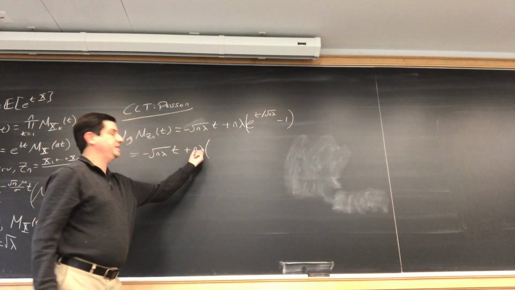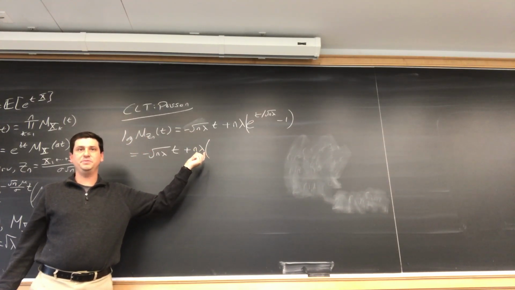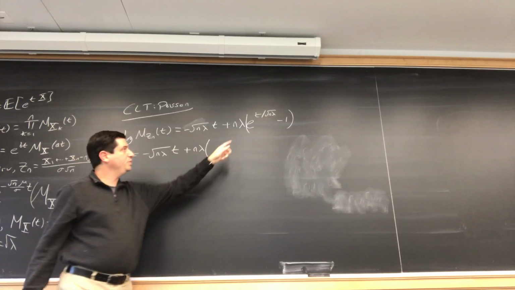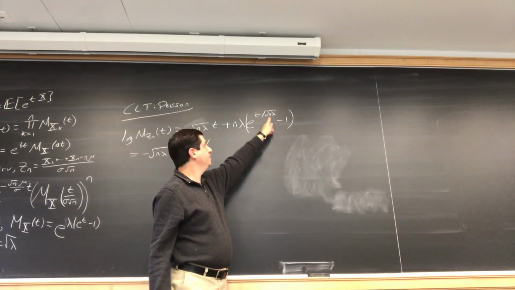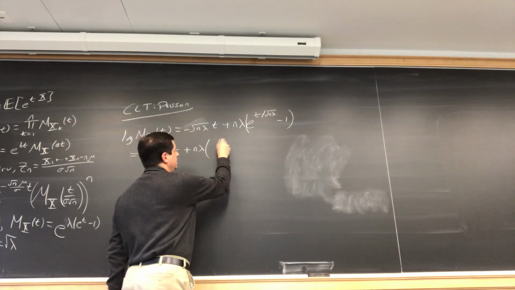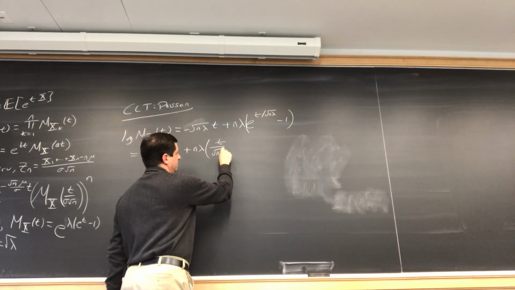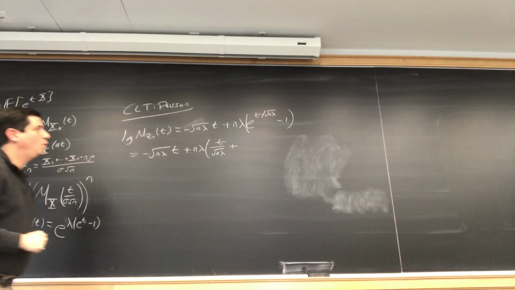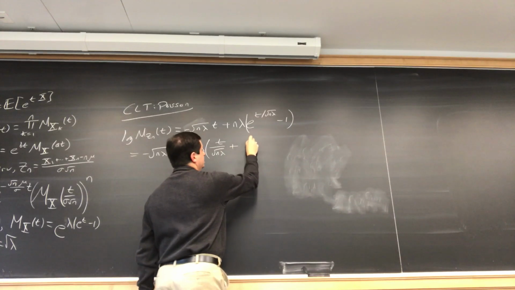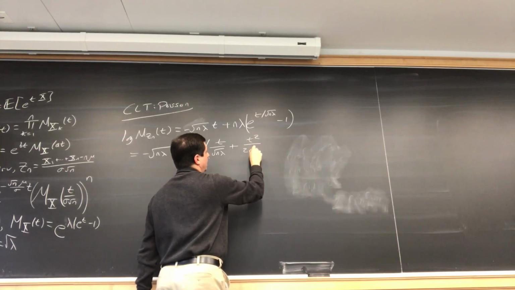And the n lambda should scare you because as n gets very, very large, n lambda is blowing up. But when we expand this out, the first term, the 1 is going to cancel the 1. So then the first term that survives is the t over square root of n lambda. The next term is going to be 1/2, so we'll have a t squared over 2n lambda.